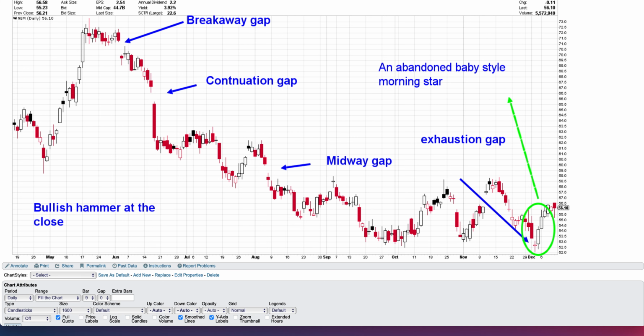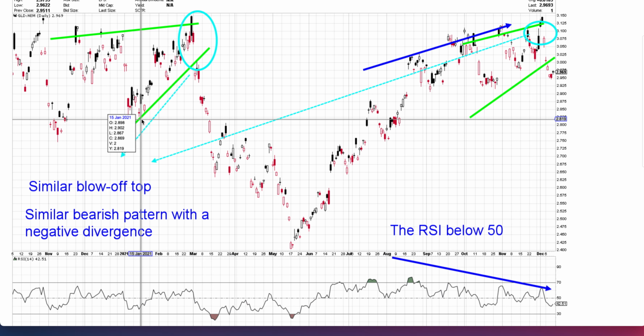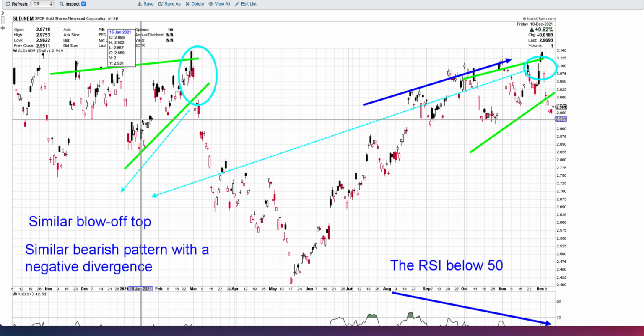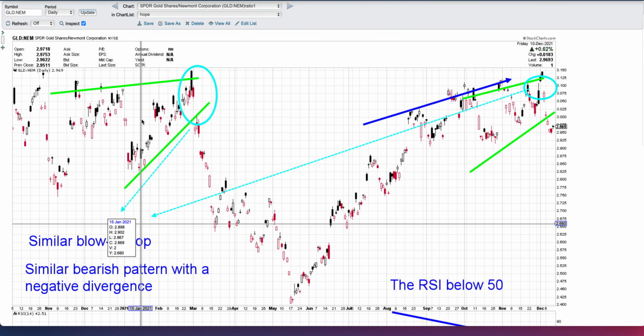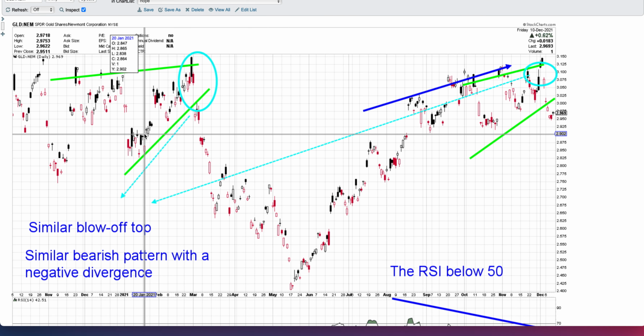Okay, so this is the gold Newmont ratio, and if you notice, it also has a lot of similarities to what happened last March of 2021, and maybe I should have used that earlier.